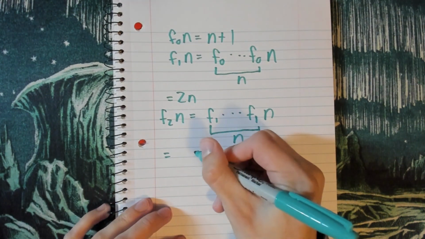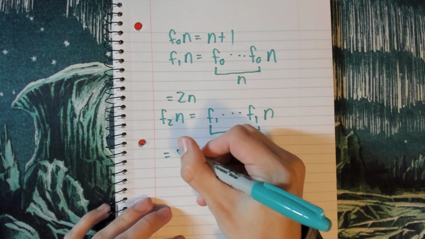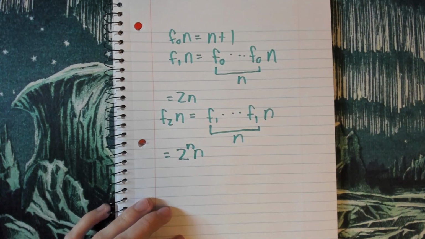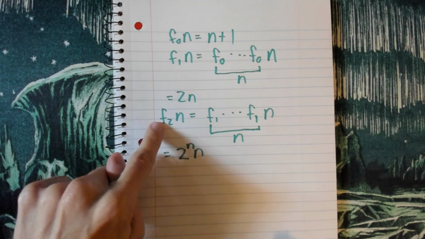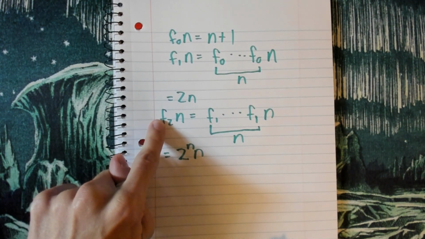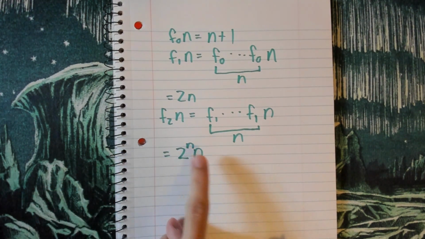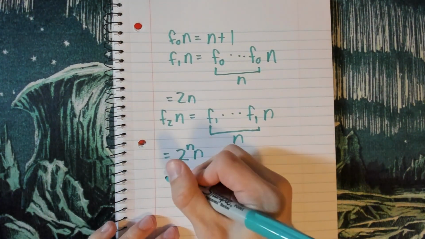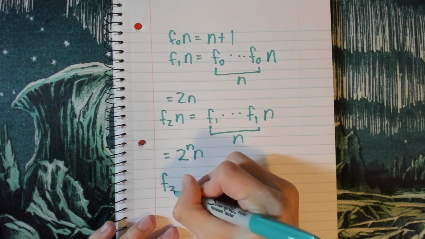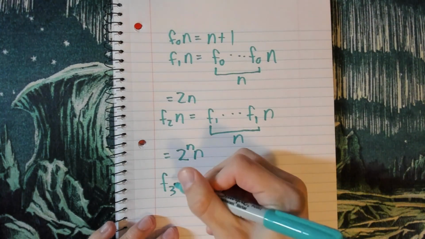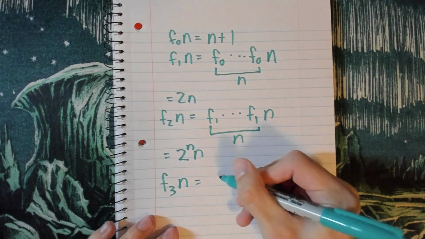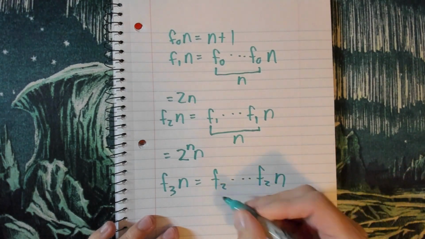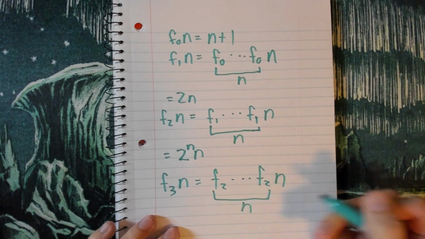So we're taking n and multiplying it by 2 n number of times. Okay, so f2 is basically just repeated doubling of n, n number of times. Now f3 of n gets a little bit harder to explain because we're going to have f2 applied n number of times, of course.